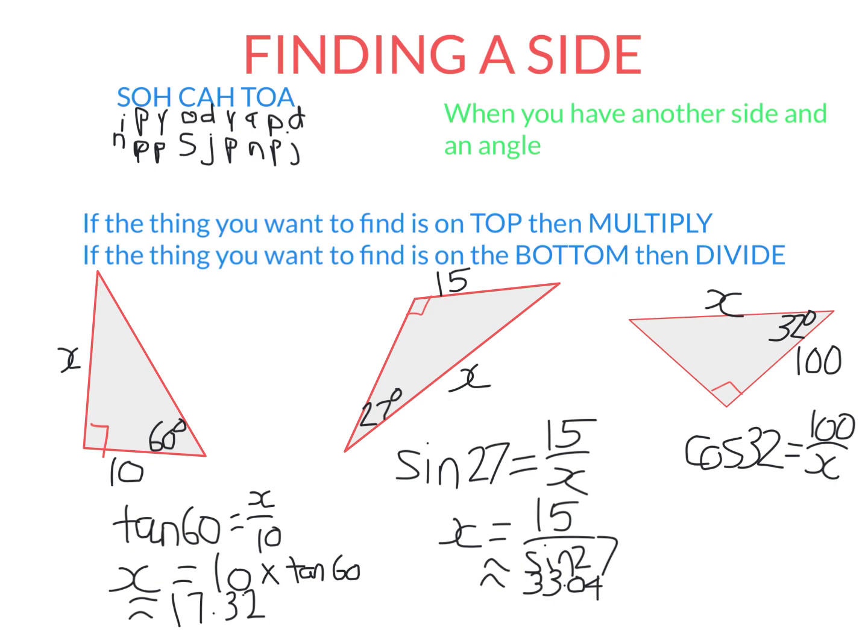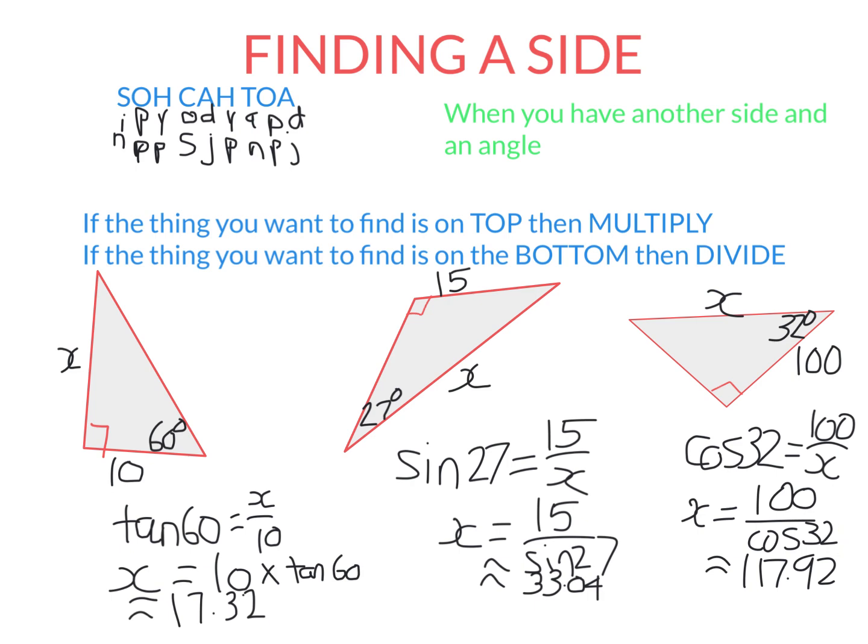So here it's not going to be 100 times cos 32. In our calculator, we're going to put 100 divided by cos 32. Again, making sure our calculator's in degrees mode, we get about 117.92. That's to 2 decimal places. Once again, we checked our answer. We needed to get something more than 100 because we were finding the hypotenuse. So we know we're on the right track.